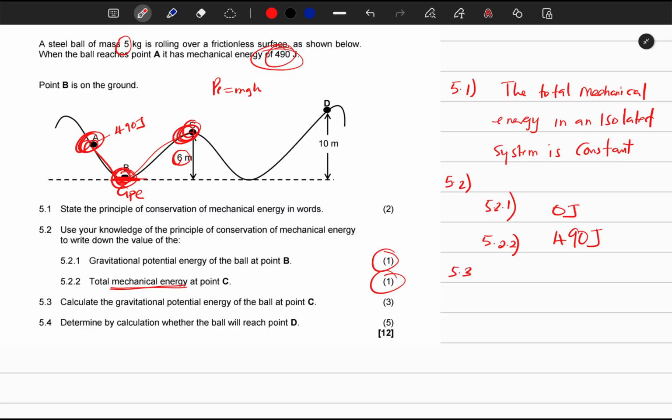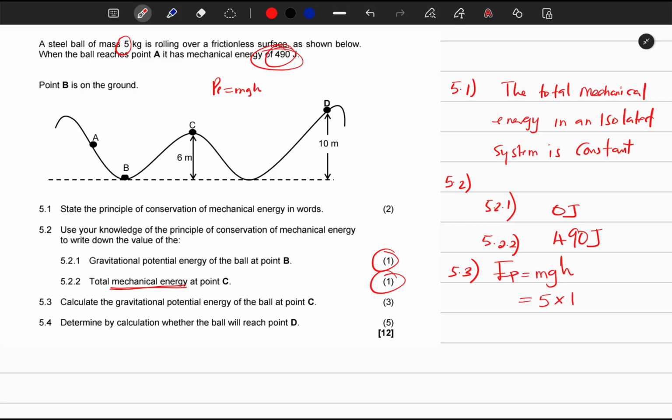We go to 5.3. Calculate the gravitational potential energy of the ball at C. Gravitational potential energy is given by mass multiplied by gravity and height. That's all. So the mass here is 5.